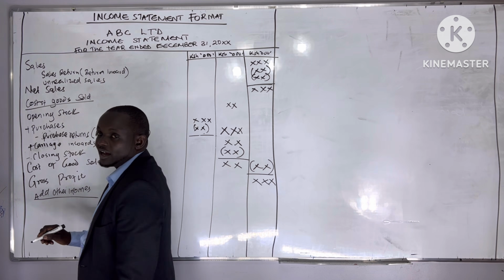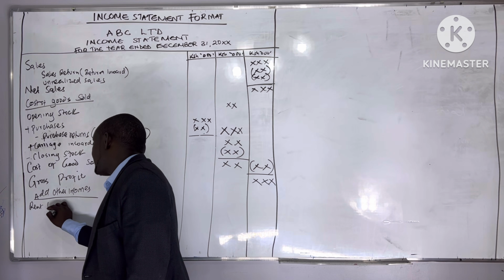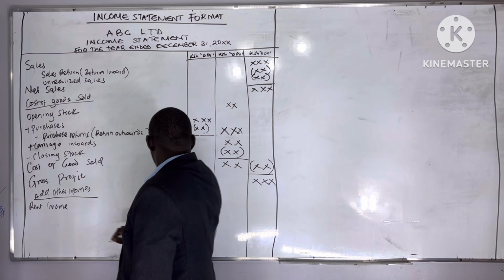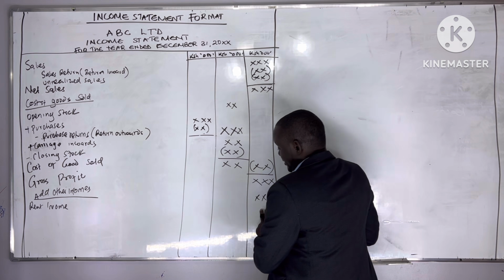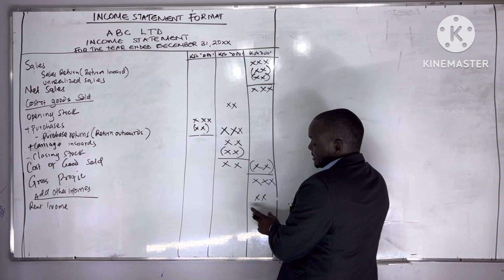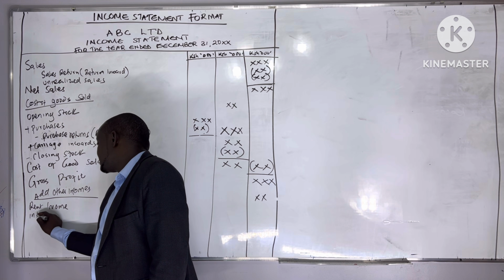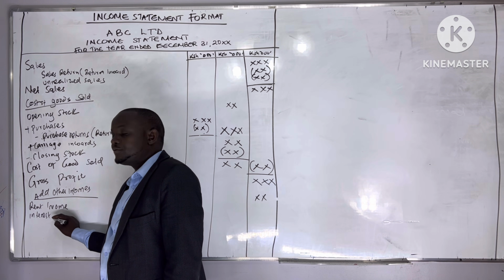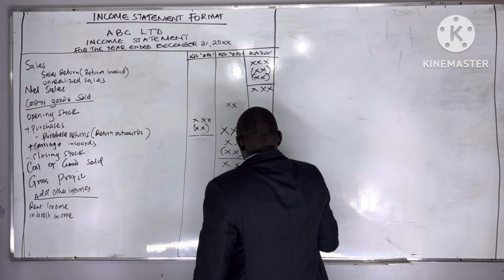In a business, we have other incomes. So these incomes include rent income. Rent, all incomes are posted here. Sometimes we receive interest income, probably from a fixed deposit. We put it here.